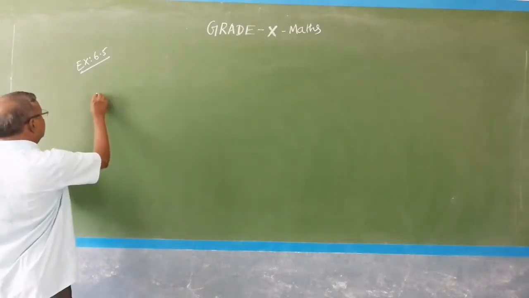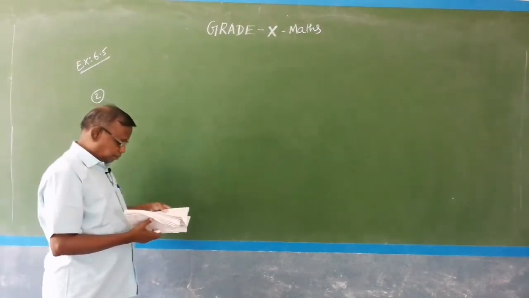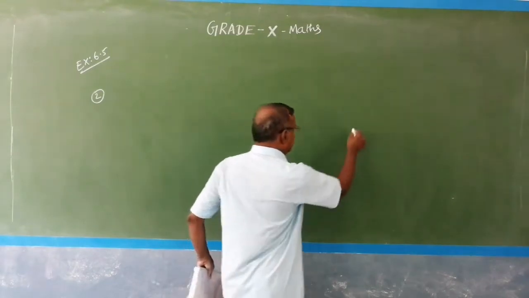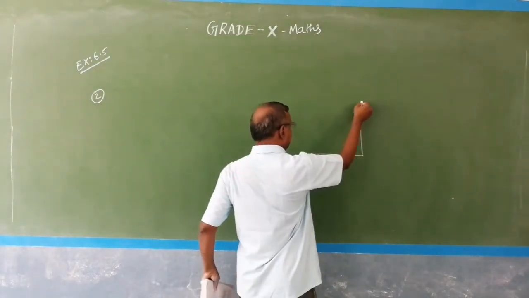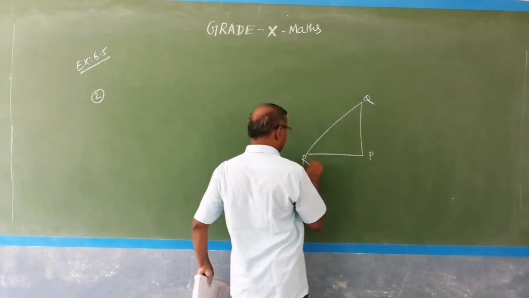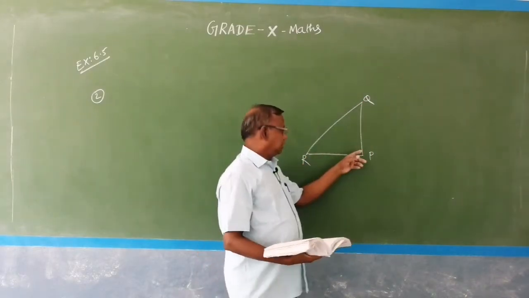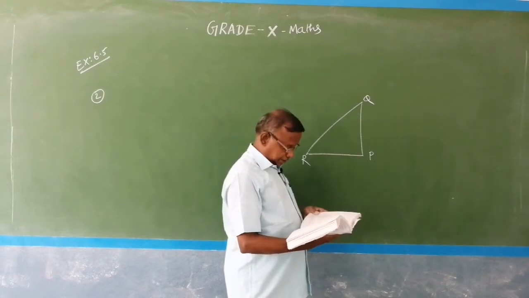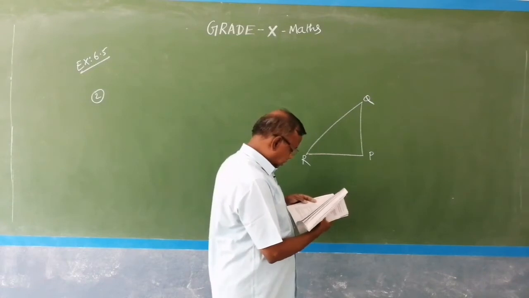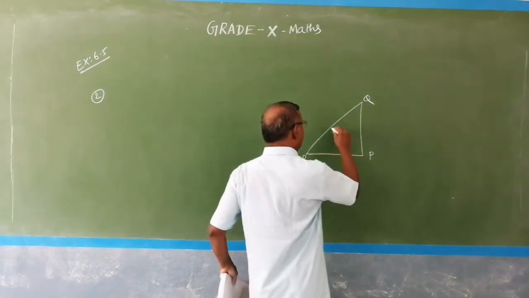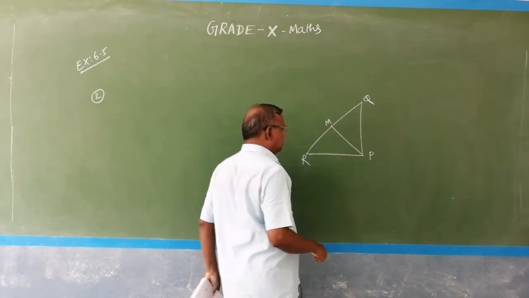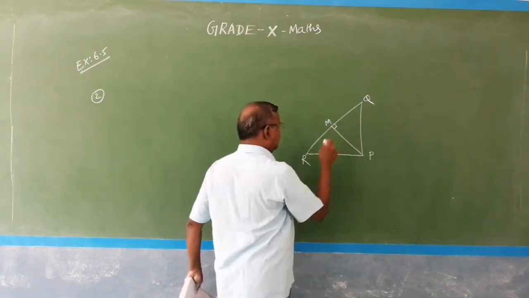Question number 2. PQR is a triangle right angled at P. Let us draw a right angle triangle PQR such that angle P equals 90 degrees. M is a point on QR such that PM is perpendicular to QR.